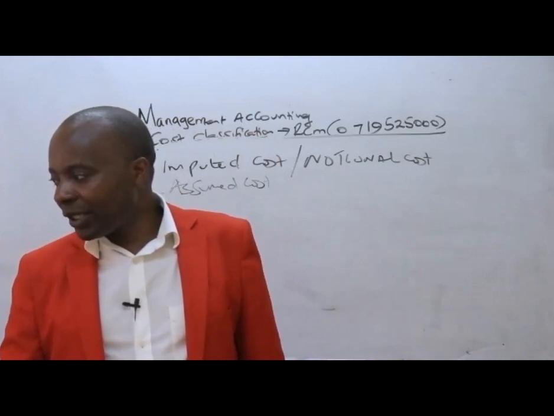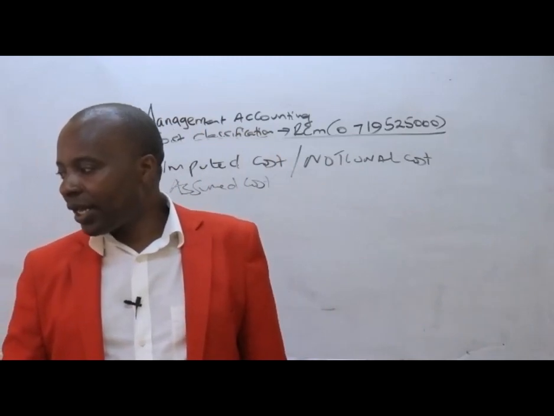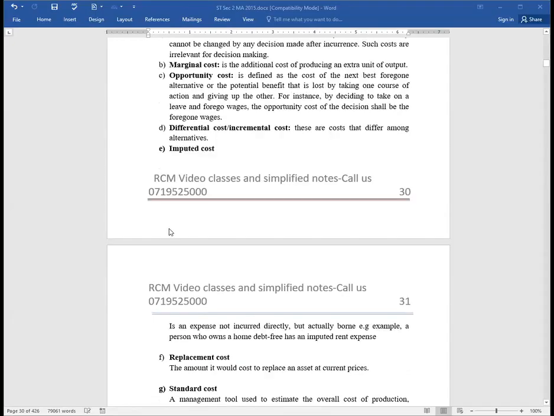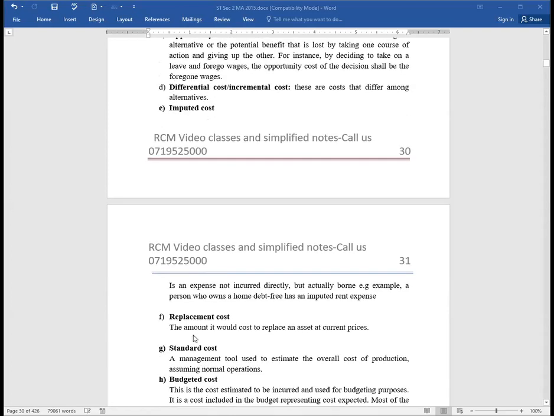And then, ladies and gentlemen, I would want you to appreciate another concept here, the replacement cost. I don't have to really talk about this in terms of decision making.